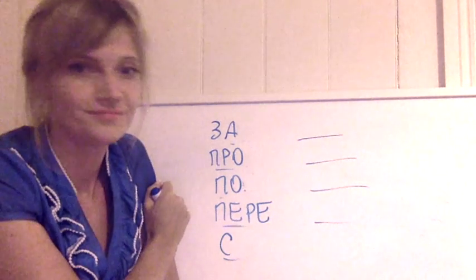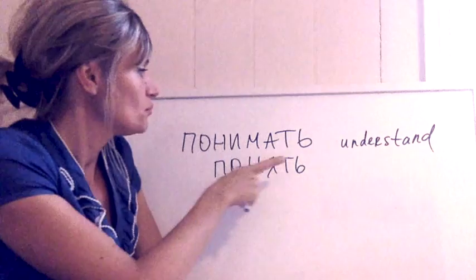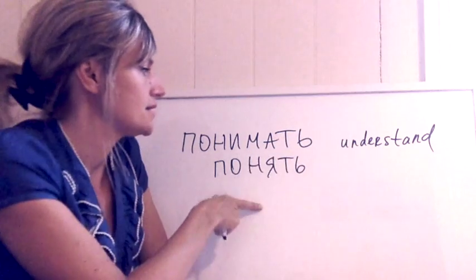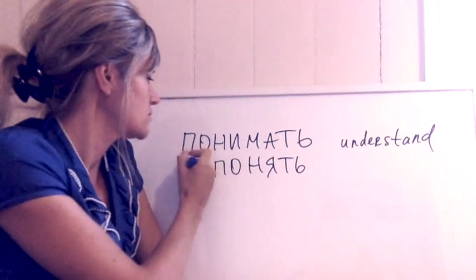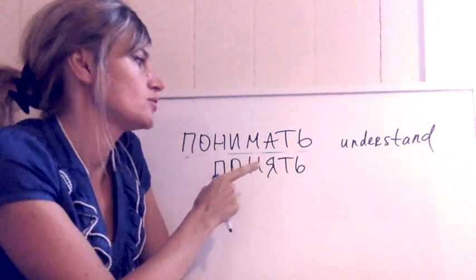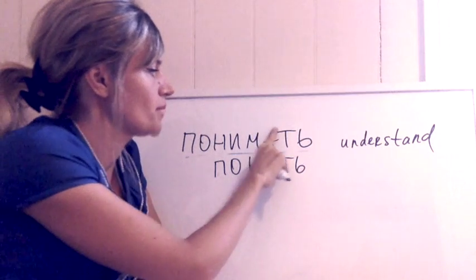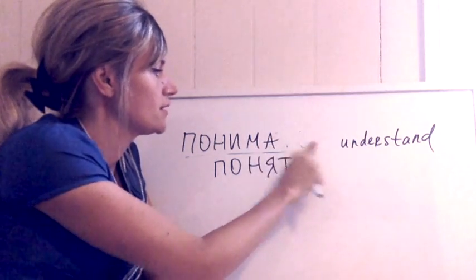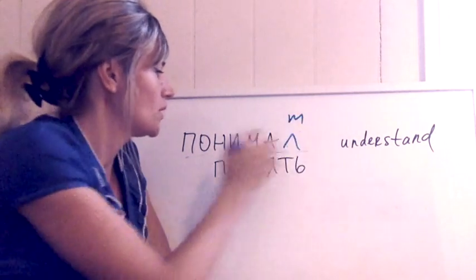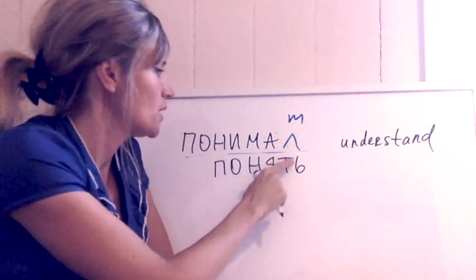That's all. Понимать, понять, understand. Понимать, you see it's stretching, so the process is longer. If you make it into past tense, let's say masculine, понимал.